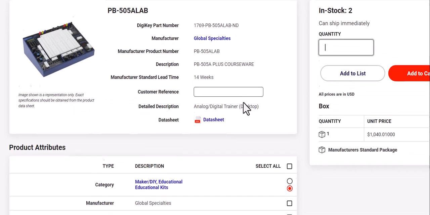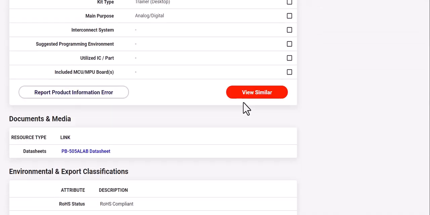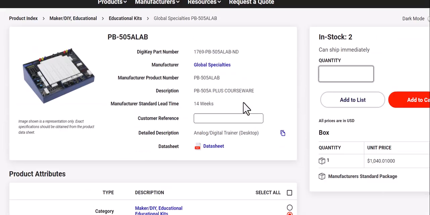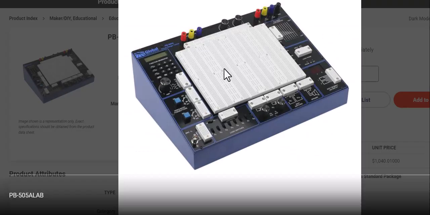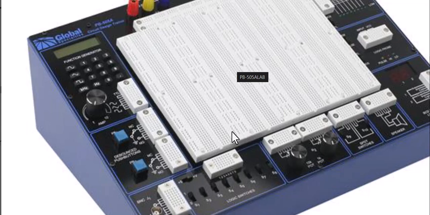It's the same one I just had. Okay, well, anyway, you would attach the pins. Oh, here are the switches right here, the logic switches.